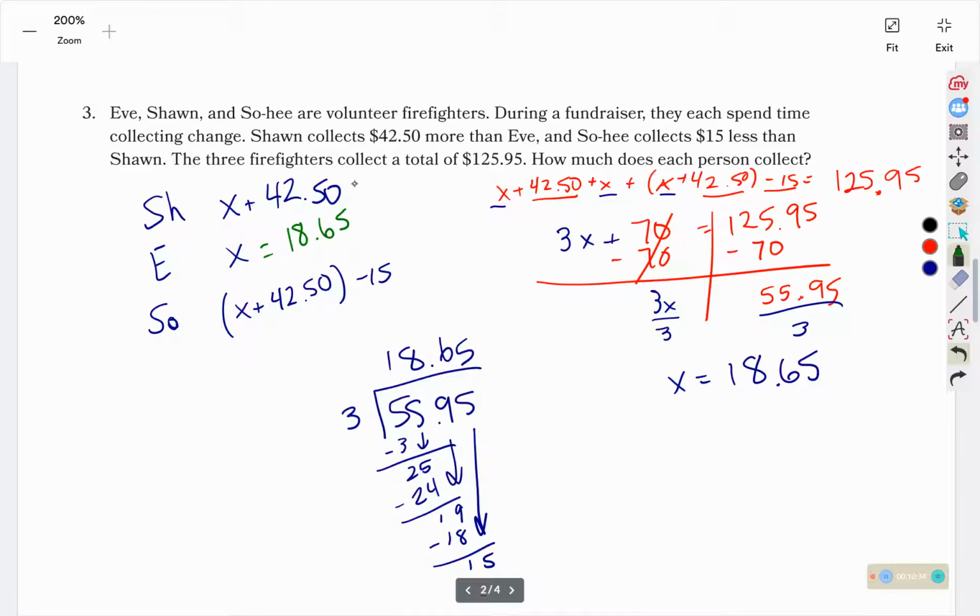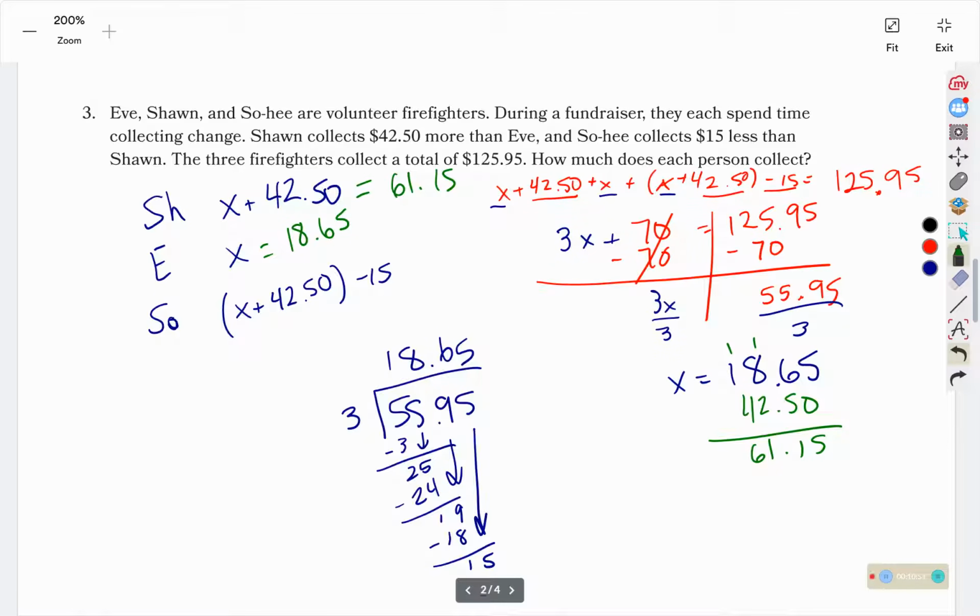To figure out Sean's, we need to add 42.50 to that. So Sean collects $61.15.